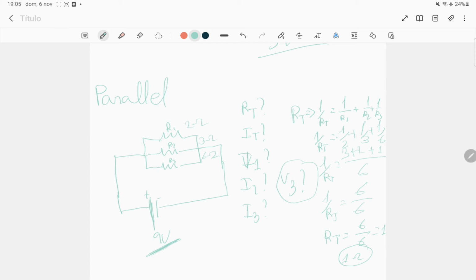But for example, if we have 1 divided by RT is 6 divided by 5, we have to make the inverse, and RT will be 5 divided by 6. Okay? Okay. And this I'm going to delete.